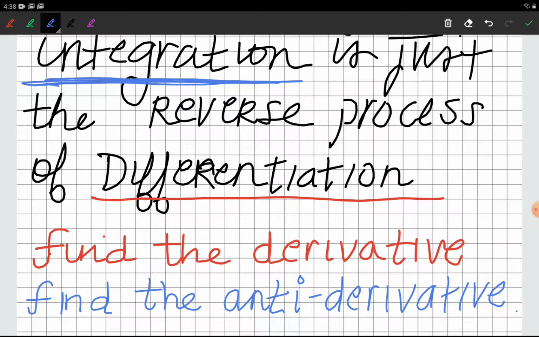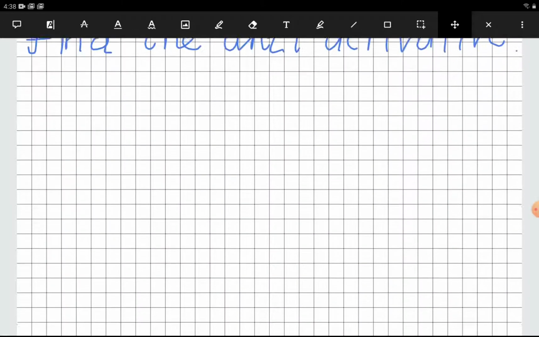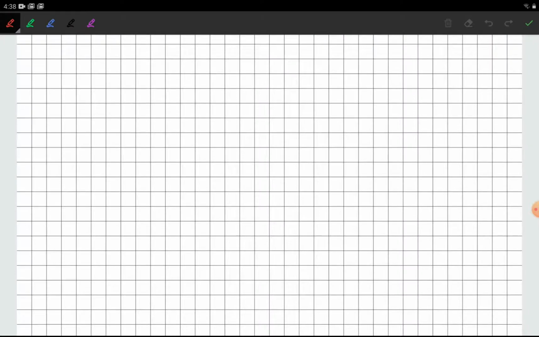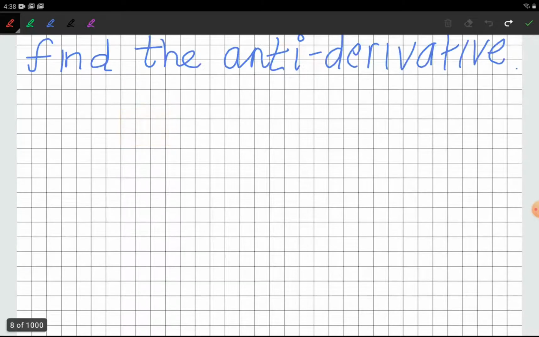So there's an opposite to everything, and this is no different. So let's do some examples. I'm going to give you the formula, and it's kind of going to be ugly looking, but it's really not as complicated as you think it's going to be. So let's talk about notation.